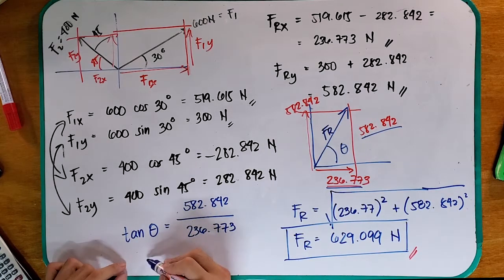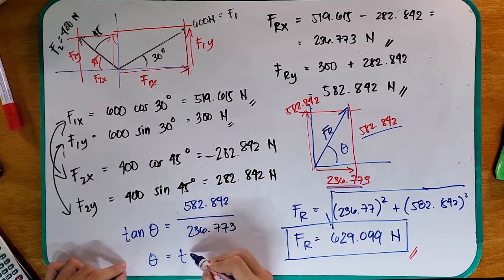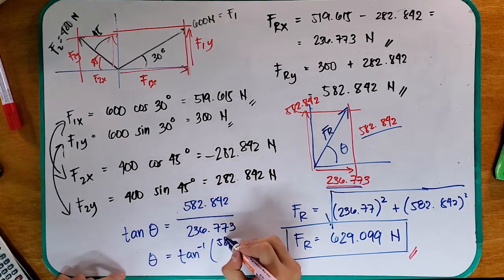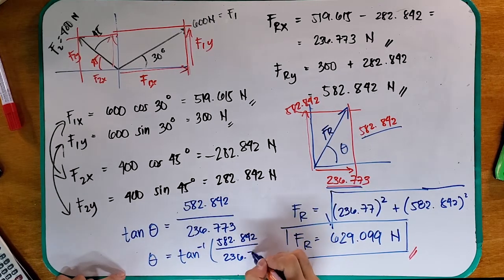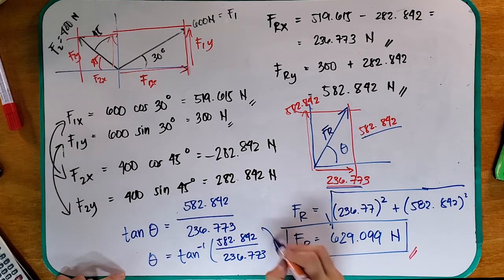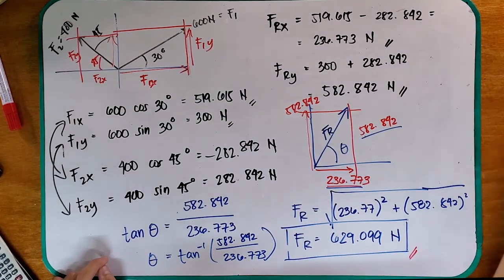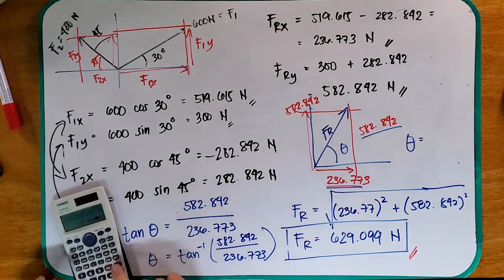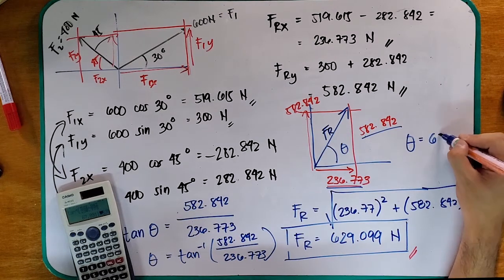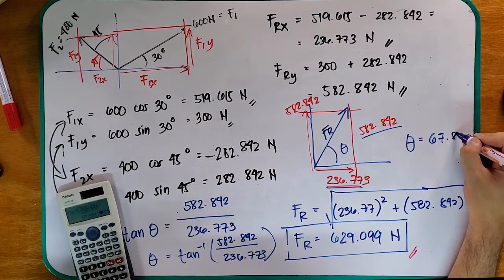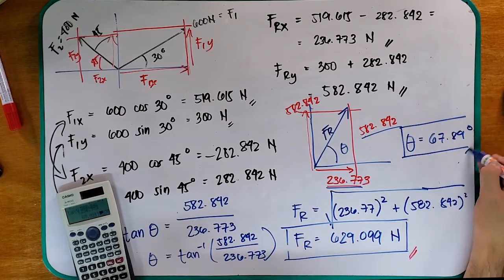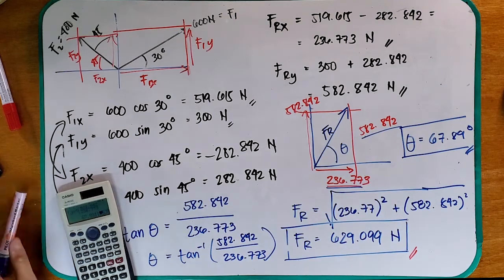And simplifying, theta is equal to the inverse tan of 582.842 divided by 236.773. So the answer for your theta is 67.89 degrees. So these are your final answers for this problem.